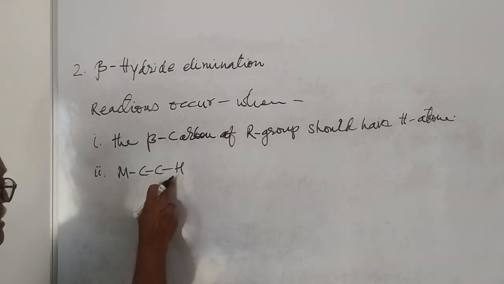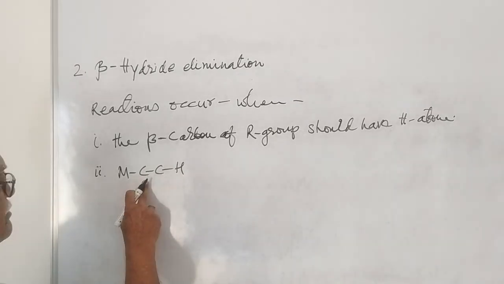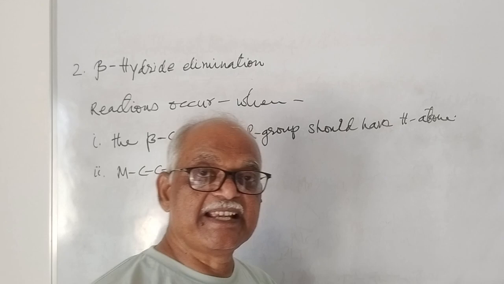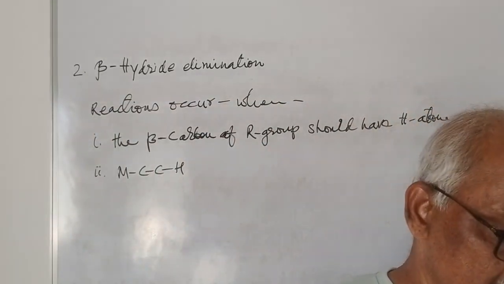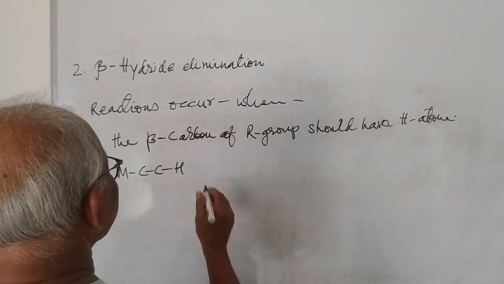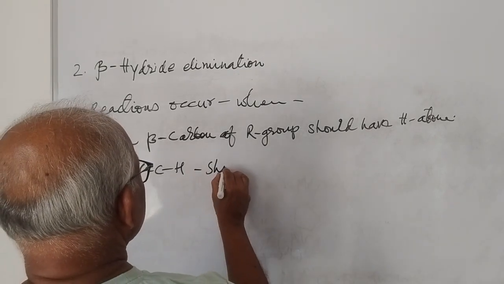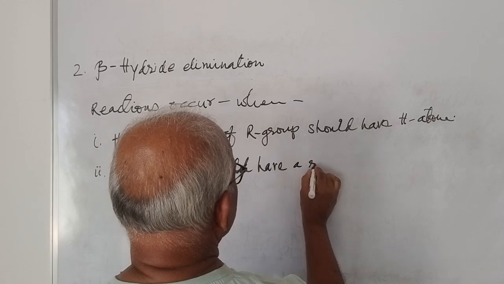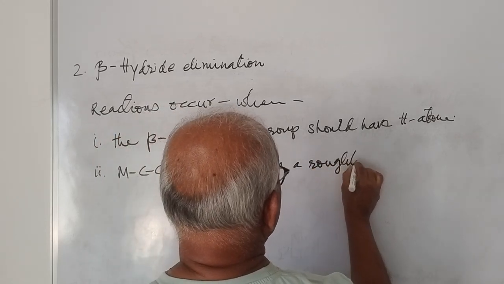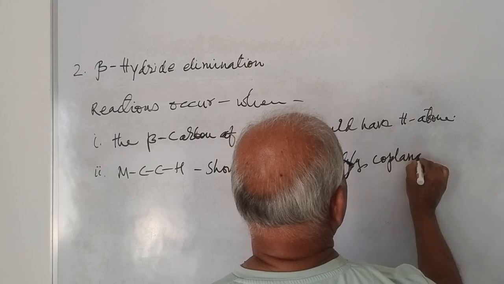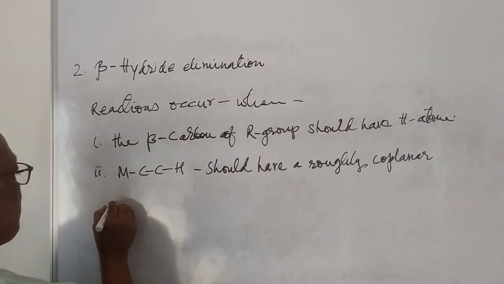So all these atoms, metal atom, carbon atoms and hydrogen should be present in roughly a coplanar conformation.